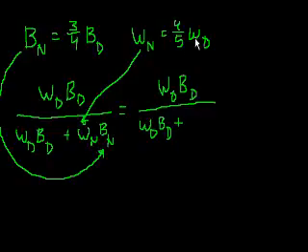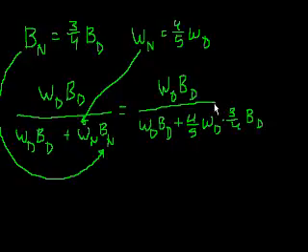It's W sub n, but that's the same thing as 4/5 W sub d. And then what is the number of boxes per night crew worker? Well, that's 3/4 times the boxes per day crew worker.